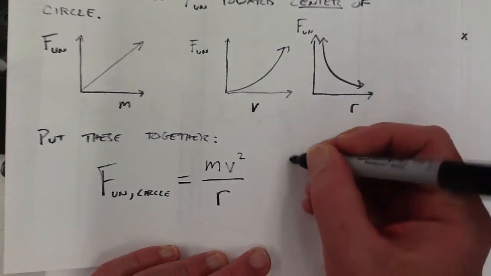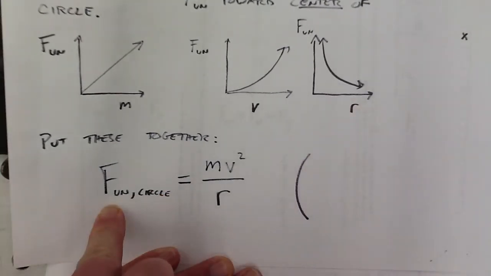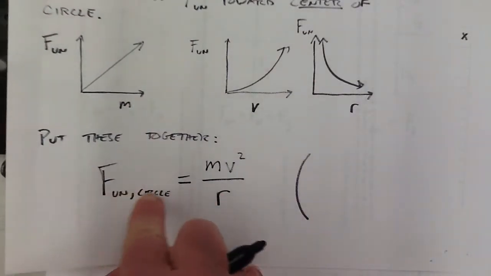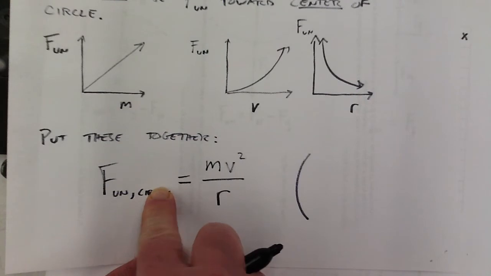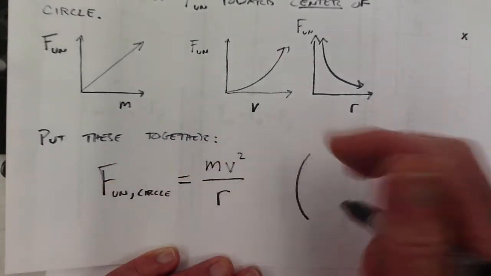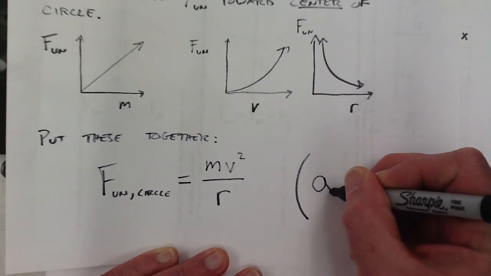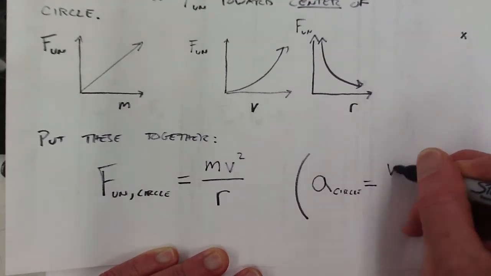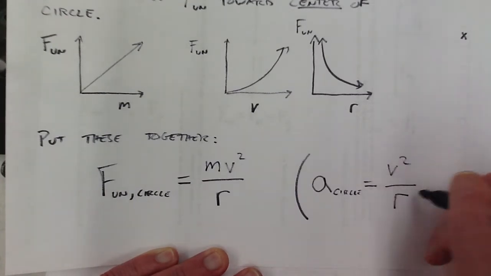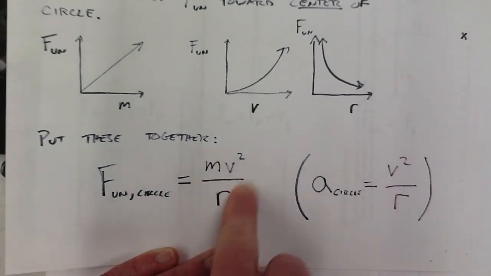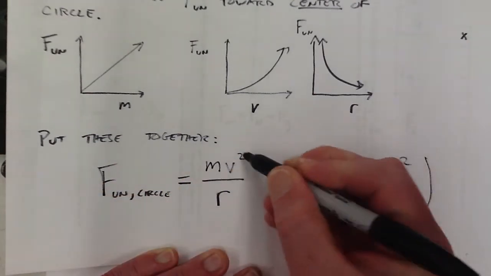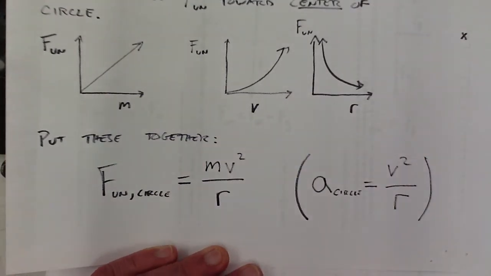And I should add here, let me go back in your notes and add that since unbalanced force is equal to mass times acceleration, always, that's Newton's second law, if I put mass times acceleration here, then the mass would cancel out on both sides, and I would get acceleration, if you're moving in a circle, is equal to v squared over r. It's the same exact equation as this, just without the m there, because force equals mass times acceleration.